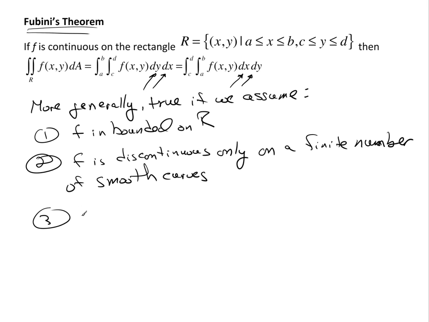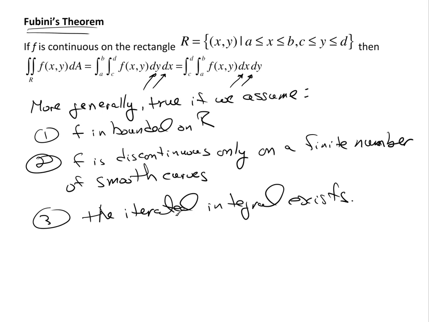And number three, the iterated integral exists. So if we can assume all of these, then we're in good shape. We can integrate in any order that we want.